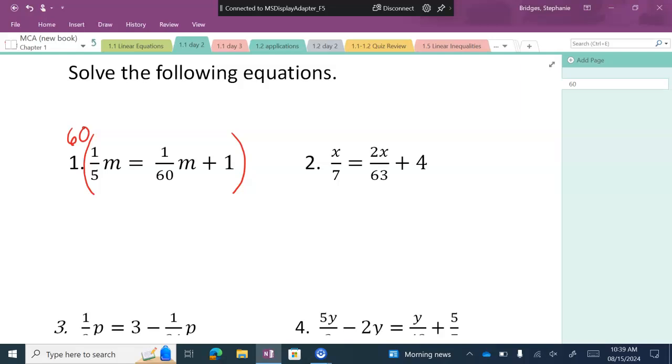If we're not comfortable with multiplying fractions, I can show you how to do that in the calculator. But here's how we think about it. Let me erase. I'm going to take 60 and multiply it by my fraction 1/5 m.